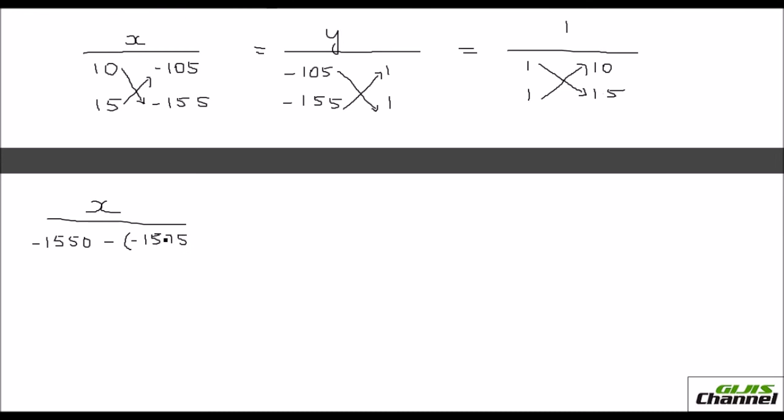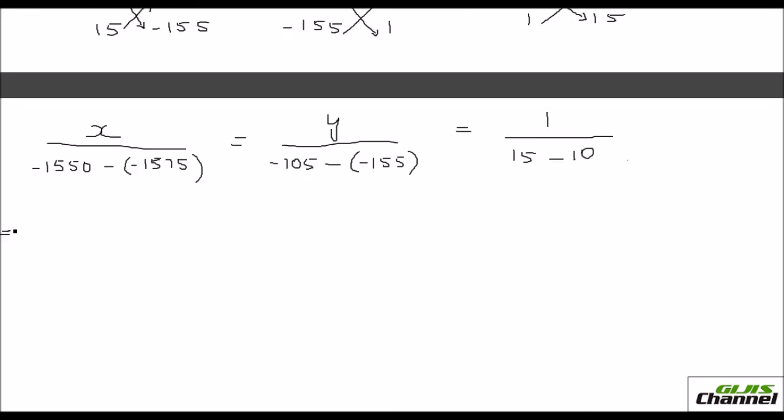Good. So let's proceed with the next one. For y, you do the same, you cross multiply. So 1 times this will give you minus 105, minus of negative 155 times 1 is minus 155 here, right? This is equal to, here when you cross multiply you get 15 minus 10.